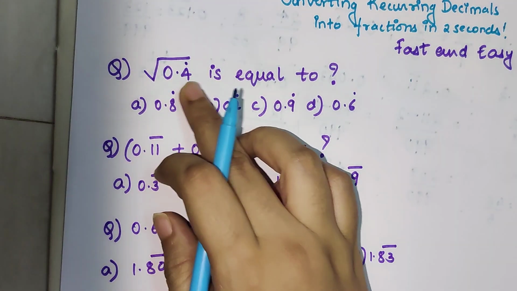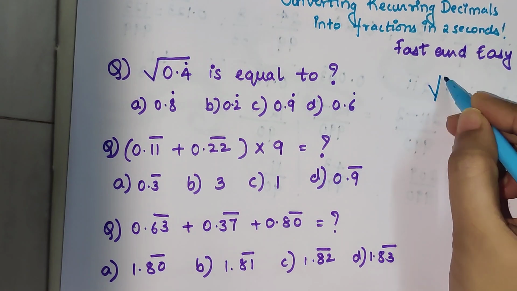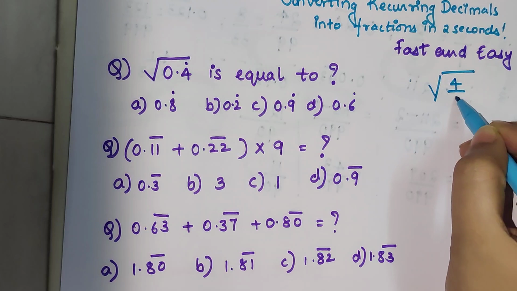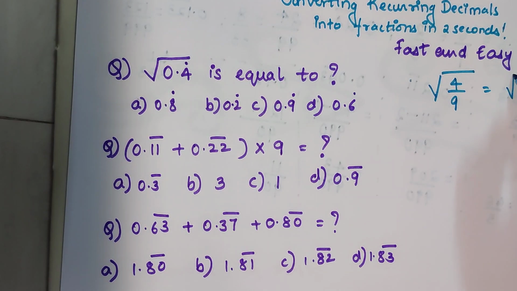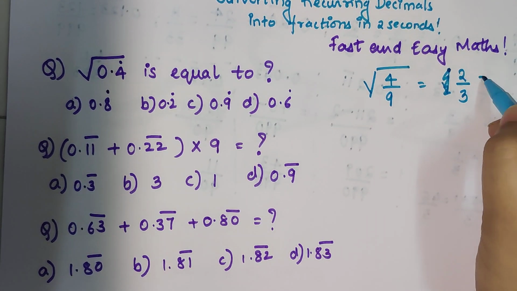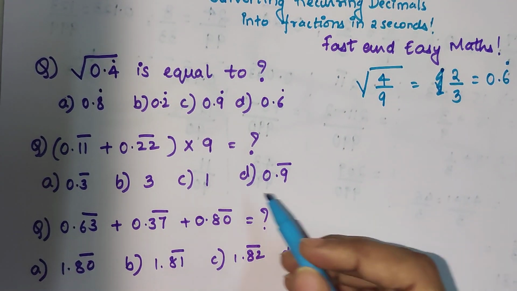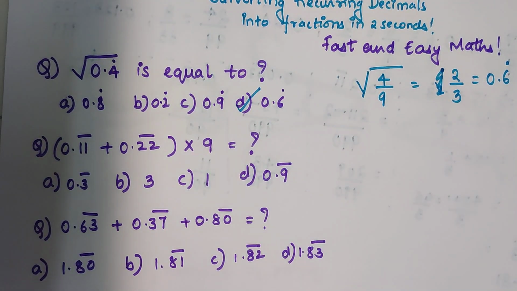So here the first one is root of 0.4 recurring. I can write this as nothing but 4 upon 9, which, if I remove the square root, will be 2 upon 3. 2 upon 3 is nothing but 0.6 recurring. So my answer is 0.6.